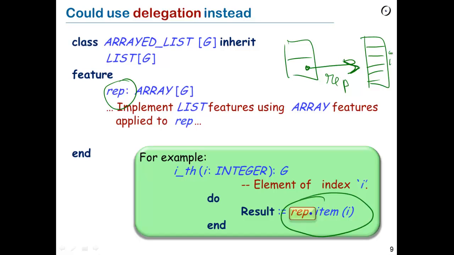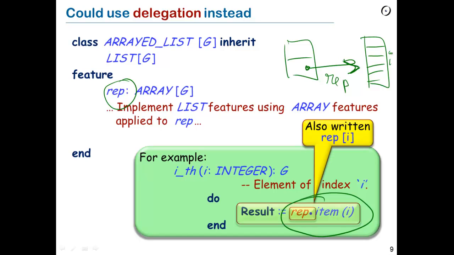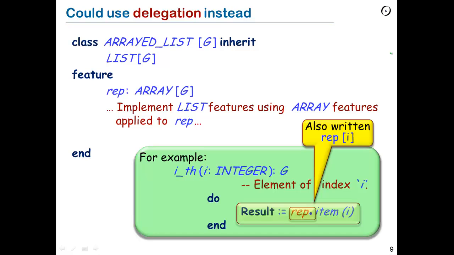By the way, you can also write this as rep of I. I used item for symmetry with the previous technique, but of course to access arrays, a synonym for rep.item of I is rep of I in brackets. So you have your choice between those two techniques.